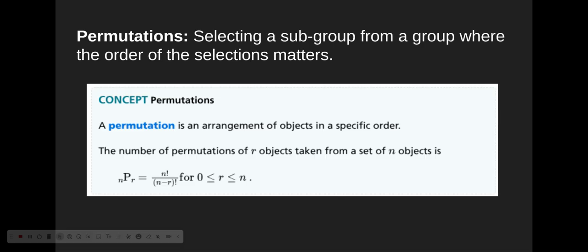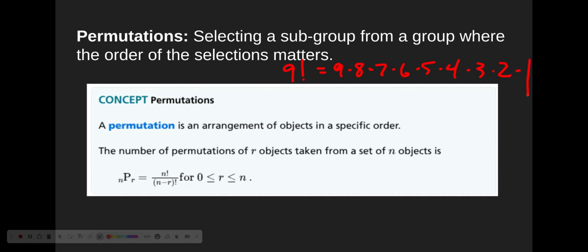So, a permutation is an arrangement where the order matters, okay? And we say this as nPr, n permute r. You take n factorial. I guess I should remind you guys what factorial is. 9 factorial is 9 times 8 times 7 times 6 times 5 times 4 times 3 times 2 times 1.